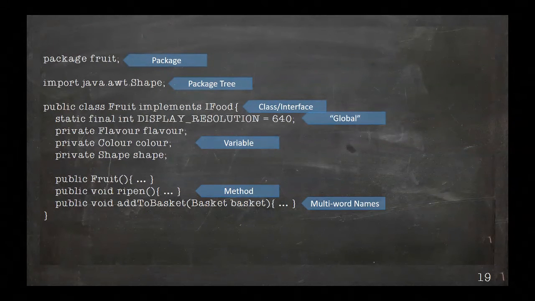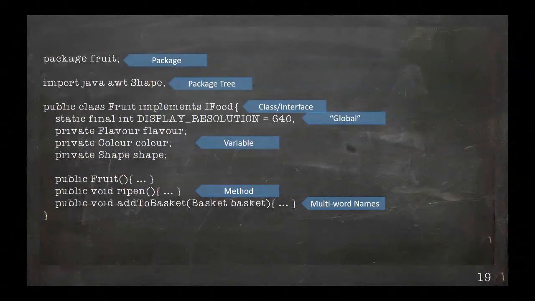Variables, so private flavor, private color, and private shape. The reason I did that there is oftentimes a flavor is just a flavor, and color is color. So you will match up the variable name with the class name and drop the first capitalization. Perfectly acceptable.